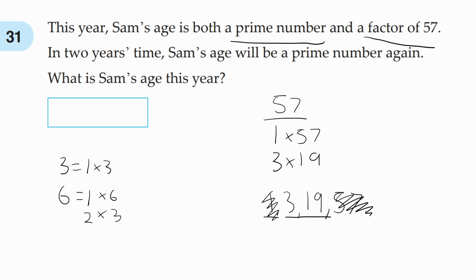So 3 plus 2 is 5, which is, yes, a prime number because it has no factors. So if we check the 19, 19 plus 2 is 21, but 21 has factors 7 and 3. Which means that Sam is 3 years old.